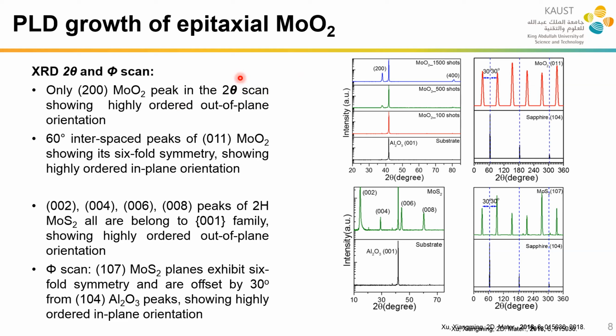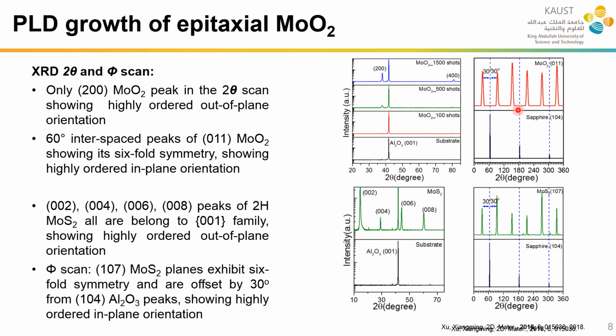We confirm its epitaxial structure, which is also a mono-oriented structure, by XRD. We can see from this 2 theta scan, in the out-of-plane lattice orientation, they only have the 200 lattice plane, so it means it's really mono-oriented along the out-of-plane direction.